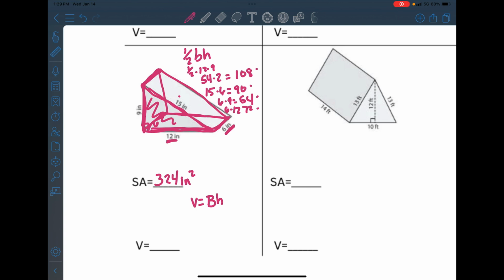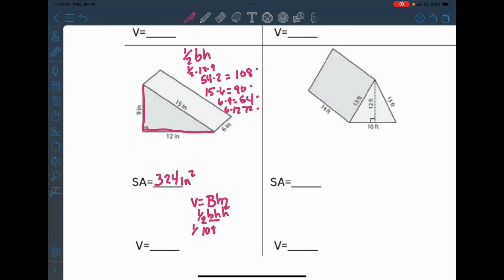Since it's a triangular prism, my capital B is the area of the base, which is this. And then this extra height right here is the height of the whole thing. So if I'm looking at this, my base times height of the triangle is 9 times 12, and you get 108.